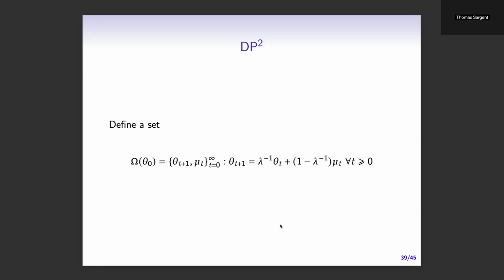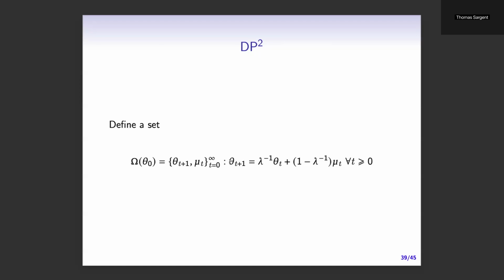So just to kick things off, remember that we had this definition of this set omega of theta zero. So it's a set of what? It's a set of continuation thetas and entire plans for money creation from zero to infinity.